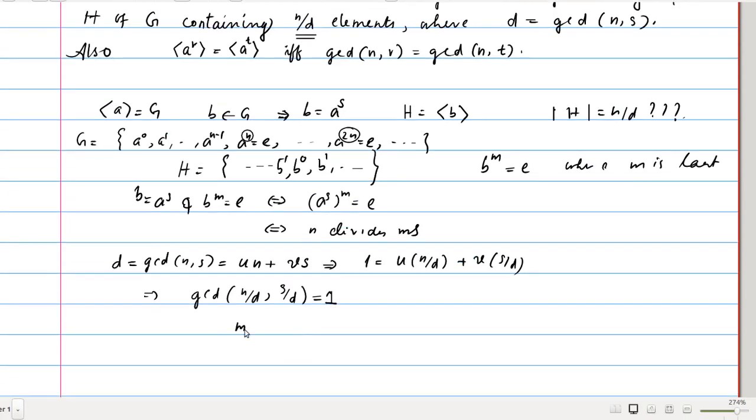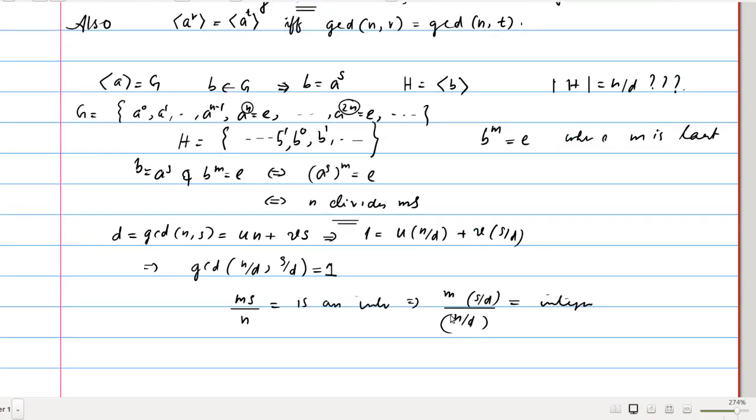Now we wish to find the smallest positive integer. In our search we are looking for the smallest integer m such that n divides ms. That means ms by n is an integer. This can be written as m times (s by d) divided by (n by d), equal to an integer. Since d divides s and n, these are integers.